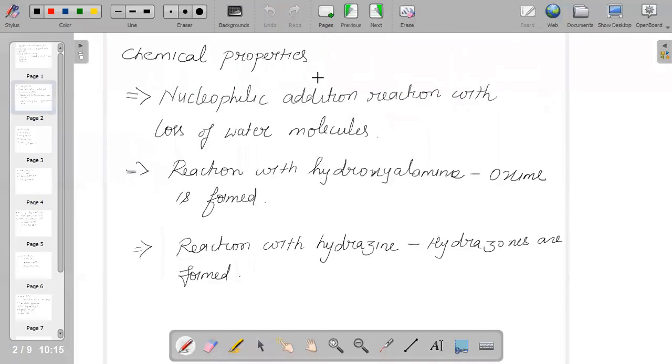When we are discussing chemical properties, of course we are discussing nucleophilic addition reaction, but there is a possibility of nucleophilic addition reaction with loss of a water molecule.